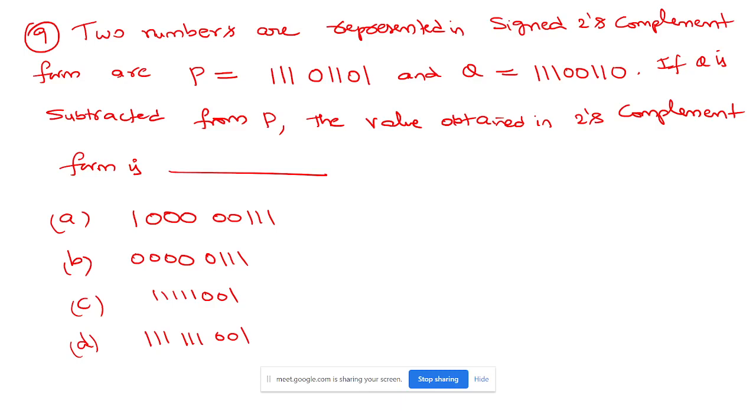If Q is subtracted from P, the value obtained in 2's complement form is dash. Q is 11100110.